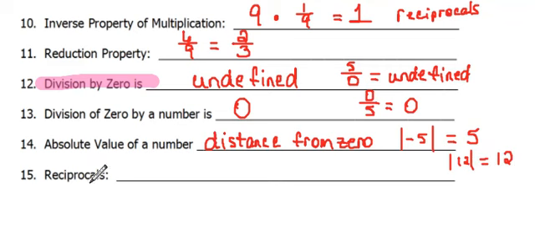Now lastly, our last property here is reciprocals. Now, reciprocals are just the flip of each other. So for example, if I had 2/3, then the reciprocal of that would be 3/2. Now remember, we also talked earlier about reciprocals are actually inverses for the operation of multiplication.